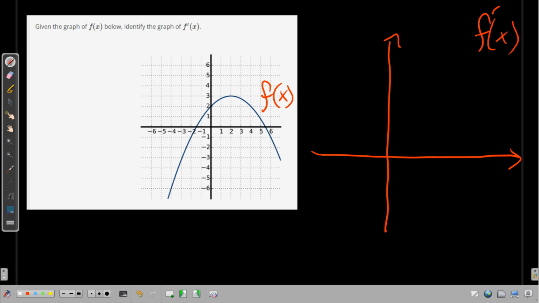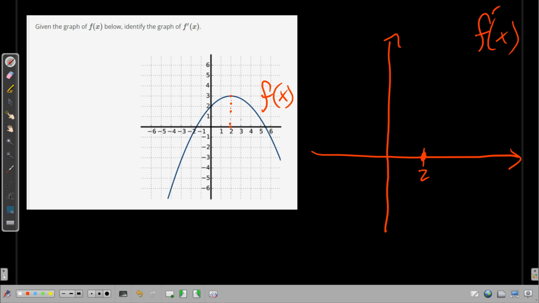Now, where does this graph take on a tangent line of slope 0? That would be when x is 2. So when x is 2, f prime is 0.